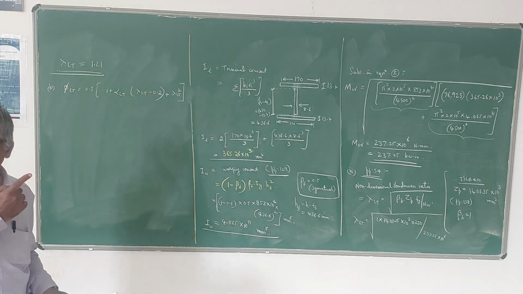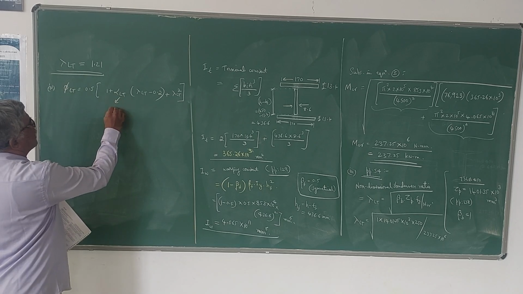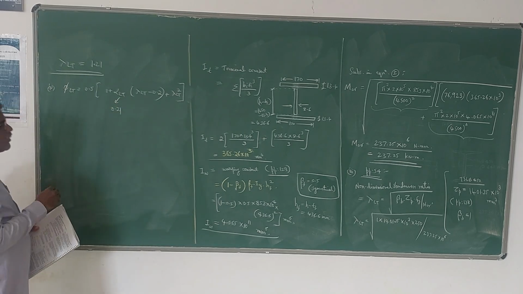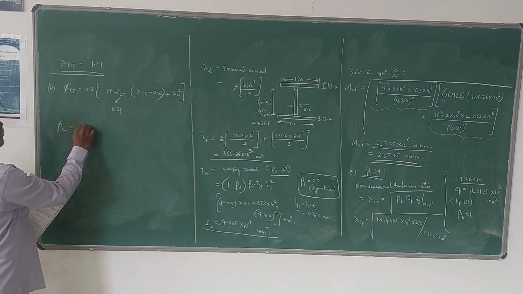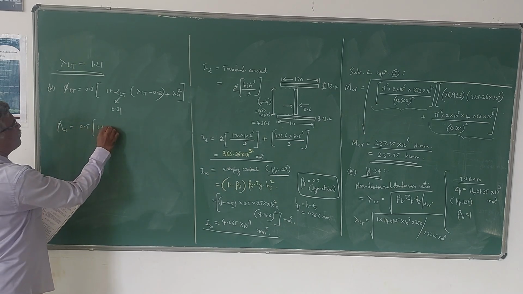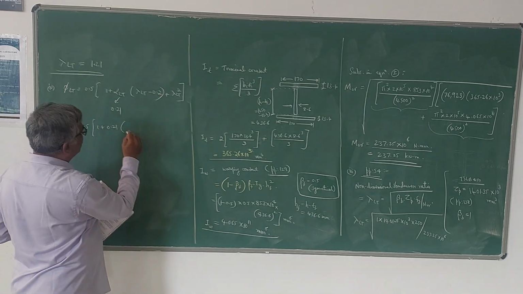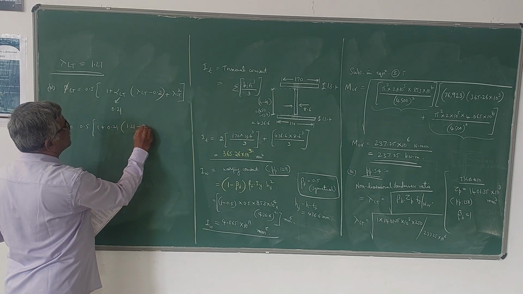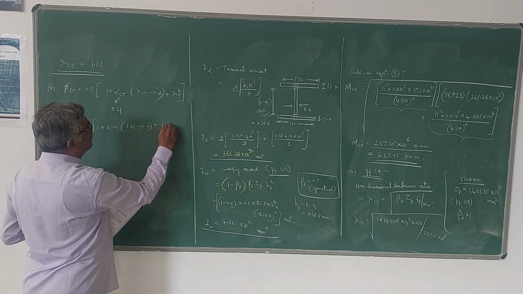This is a rolled steel section, so we take 0.21. Substitute: phi LT is equal to 0.5 into 1 plus 0.21 into lambda LT, which is 1.21, minus 0.2, plus 1.21 square.